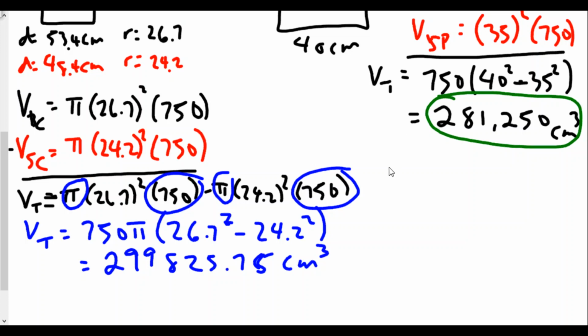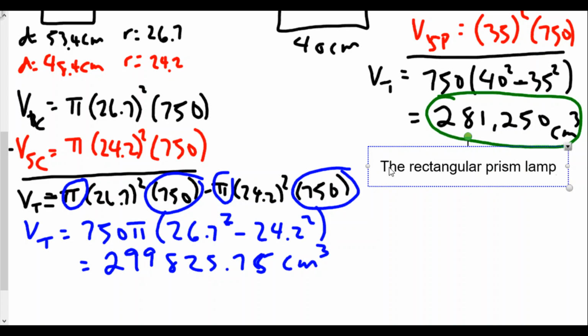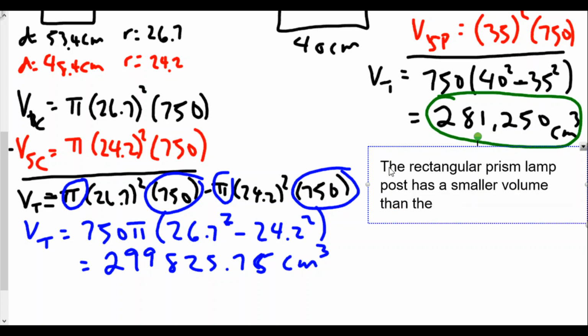So, comment-wise, we're going to make the following comment: the rectangular prism lamppost has a smaller volume than the cylindrical post. Sorry, my typing's terrible.